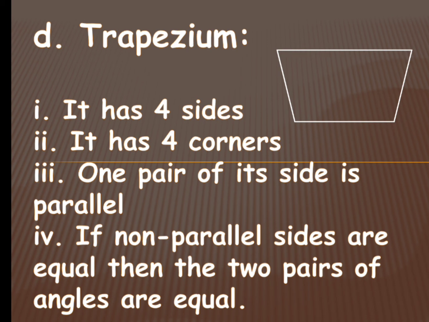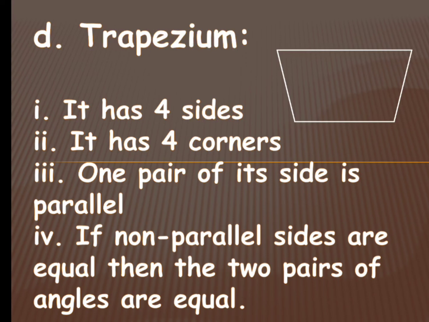Okay, the shape changes when you rotate the trapezium, not the number of sides, children. The number of sides and corners will be the same. The way it looks might differ, only because of the parallel lines. One side will be shorter and the other side will be longer. Because of the difference in the length of the parallel lines, the shape might look a little different. Okay, so that is about trapezium.